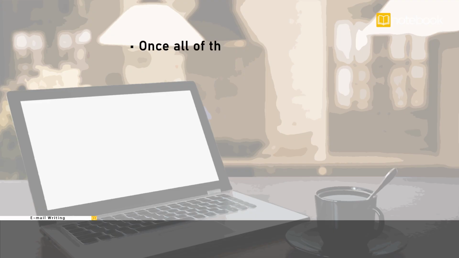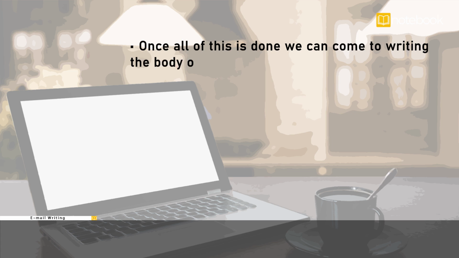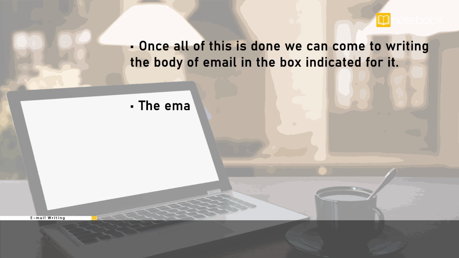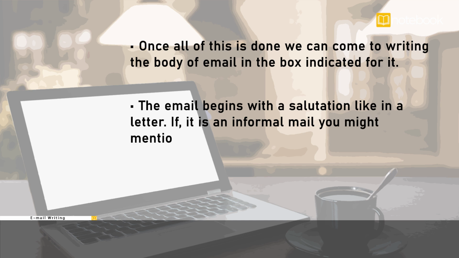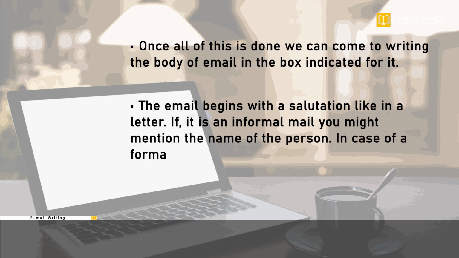Once all of this is done, we can come to writing the body of email in the box indicated for it. The email begins with a salutation like in a letter. If it is an informal mail, you might mention the name of the person. In case of a formal mail, it begins with a sir or madam.